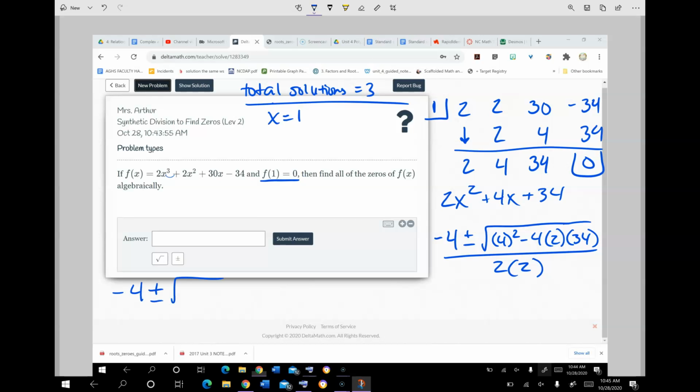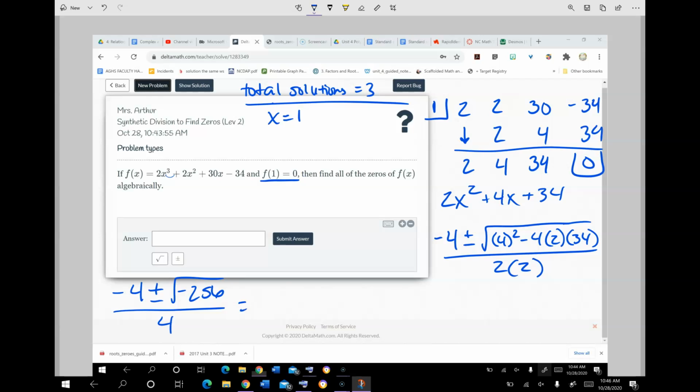So we are going to simplify what's underneath that radical. I'm going to do it on my desk calculator real fast. So we're going to say 4 squared minus 4 times 2 times 34. And I get negative 256 over 4. Okay? Well, the square root of 256 is 16.